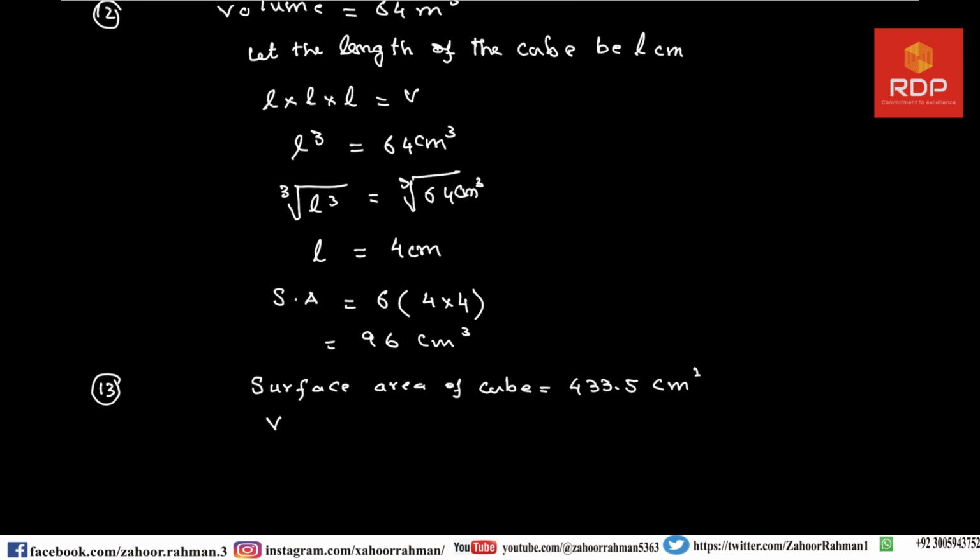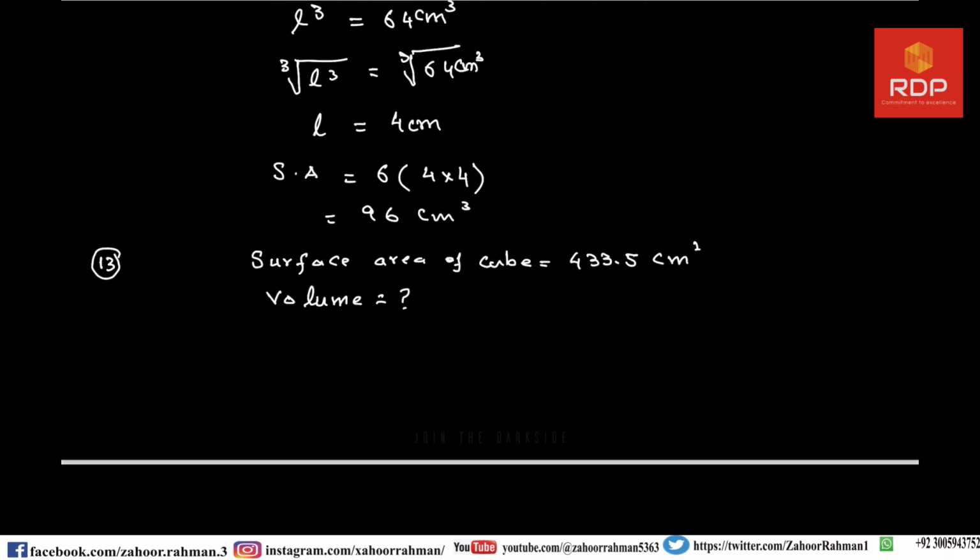So they are asking find the volume. Dear learners, here you have to think that surface area is given, so it means from that we can find the length of one side of the cube.